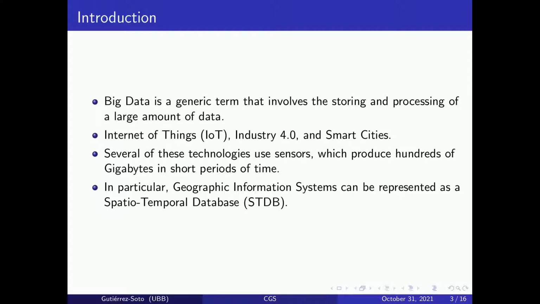One type of application that can produce a lot of data is the geographic information system, and a particular instance of it is the spatio-temporal database.